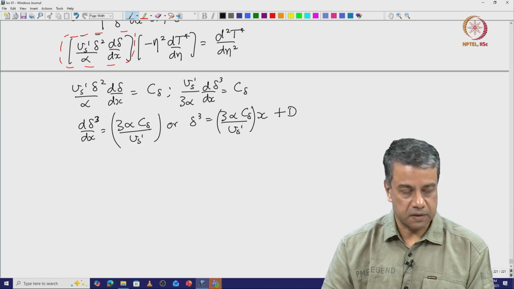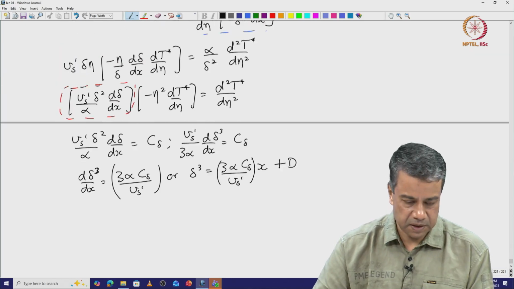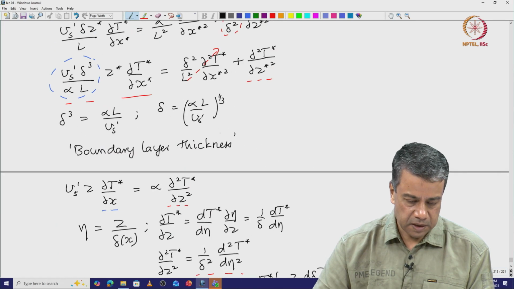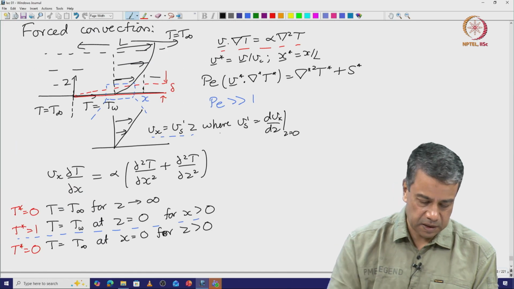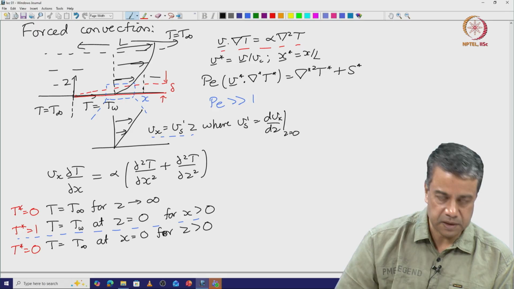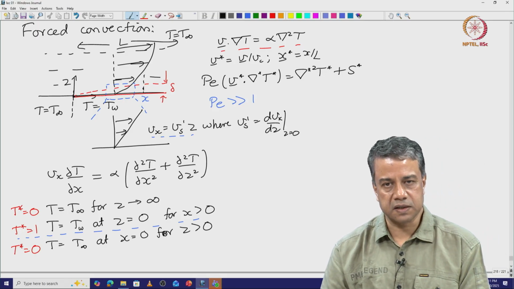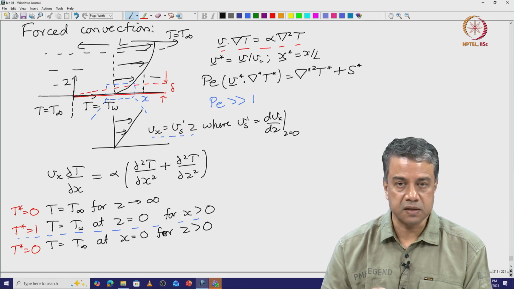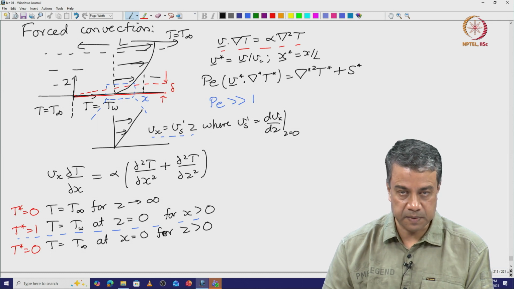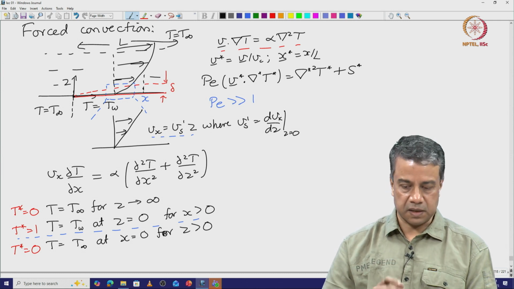What is the value of that constant? The value of that constant is determined from the condition that at the start of the heating section, at x is equal to 0, the boundary layer thickness has to be 0 because there is no heat that has been transferred into the fluid as yet.